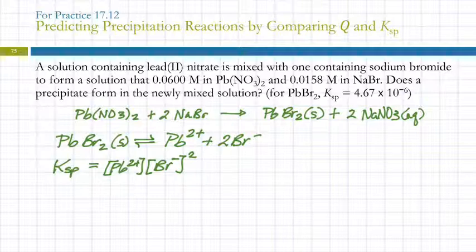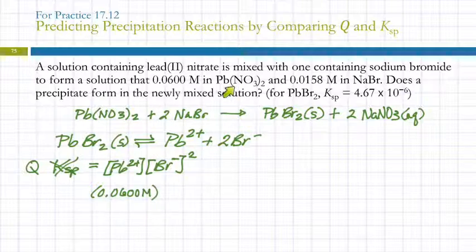So what we want to do is calculate Q. We know what KSP is. Q is the same expression, but we're going to use the actual concentrations. So what's the concentration of the lead ion in this mixed solution? 0.06. So we got 0.06.